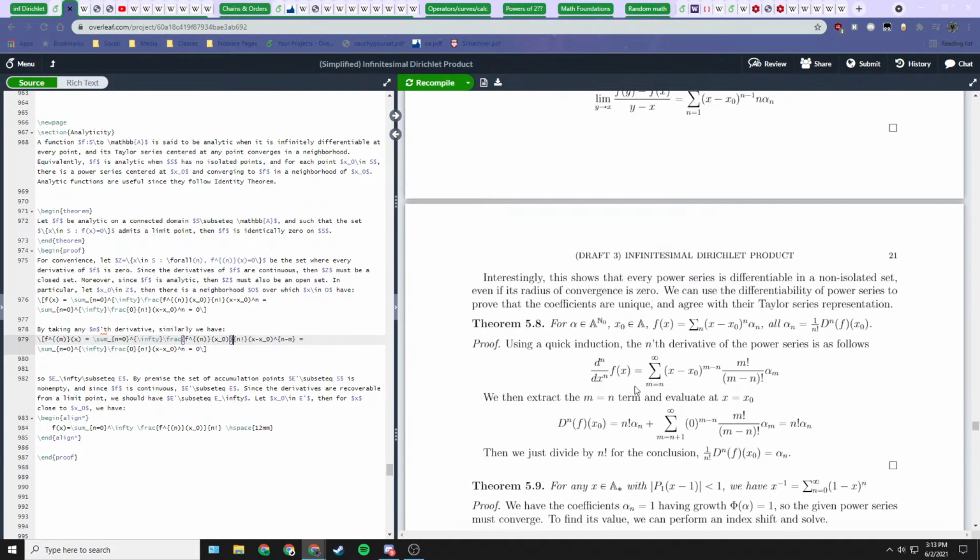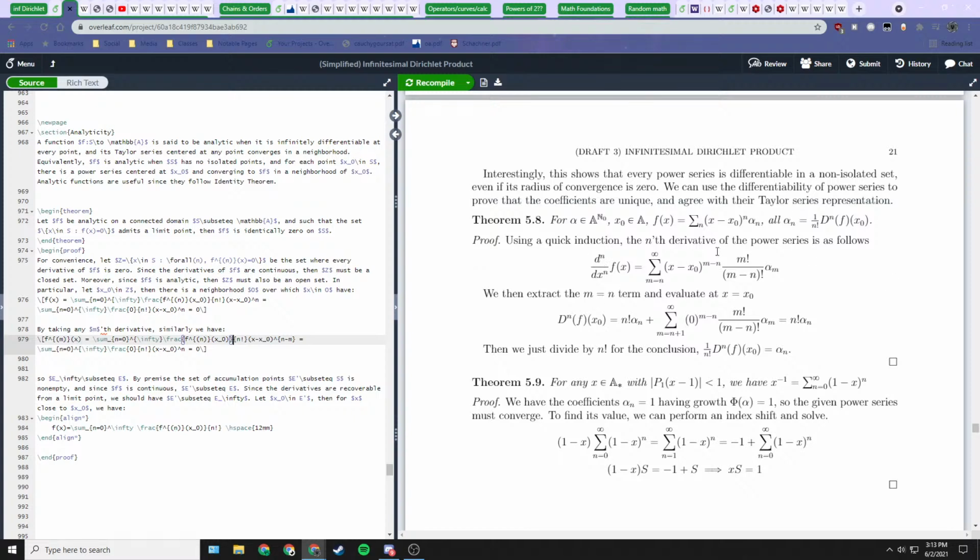I think it was this one, right here. m factorial over n minus m factorial. This will be from n equals m, and we just need to swap n and m. n factorial over n minus m factorial, I think.